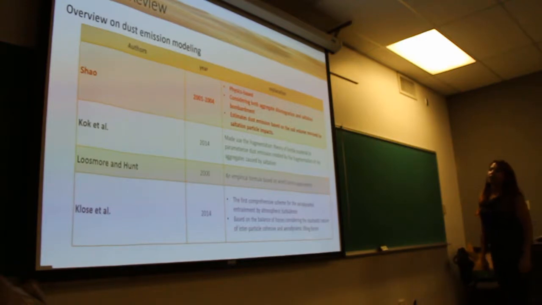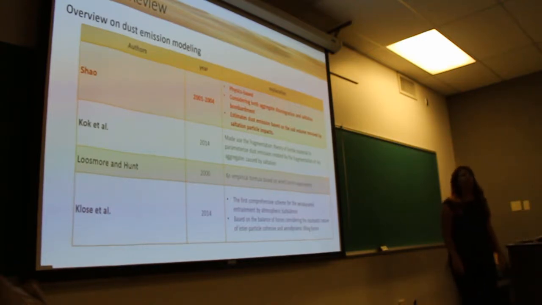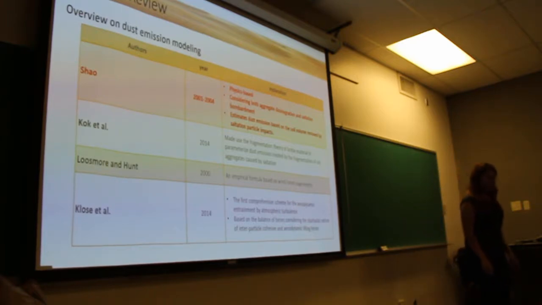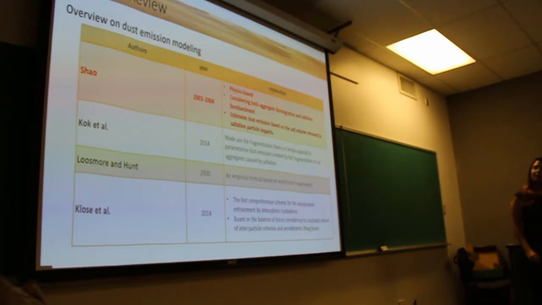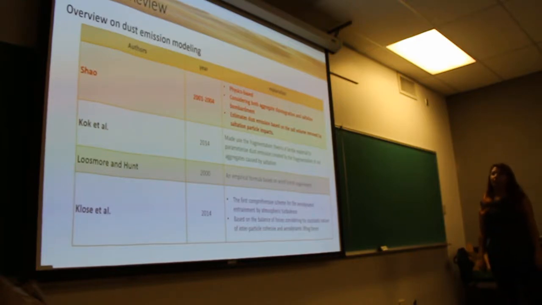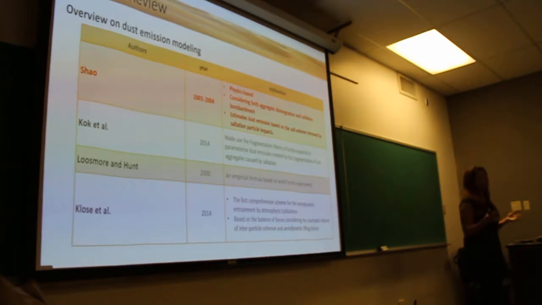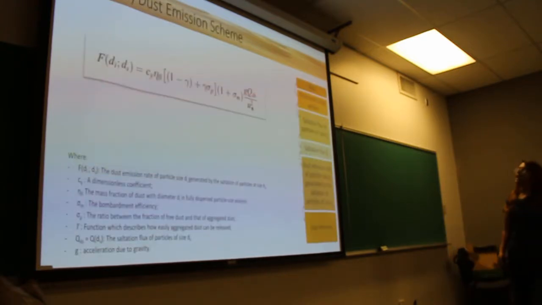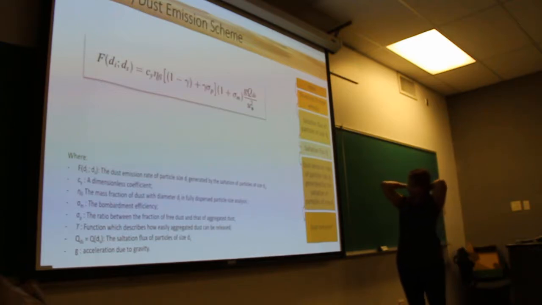Then in 2004, Shao developed another scheme that I'm going to talk about later, because it is the one that I chose to work on. Later, in 2014, Klose et al. and Klose et al. worked on other dust emission schemes, and they tried to include other dust emission mechanisms. So let's have a quick review of the dust emission models.